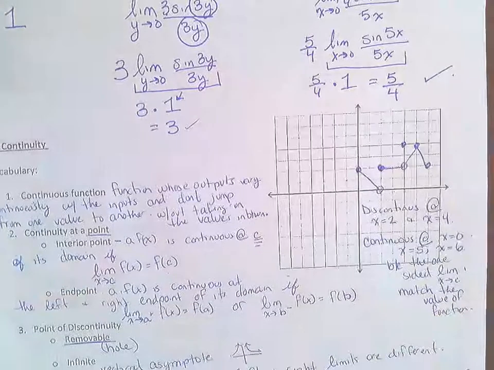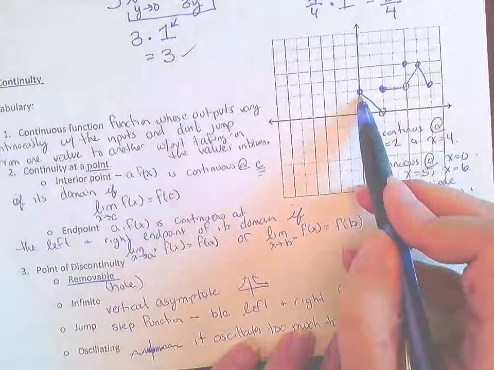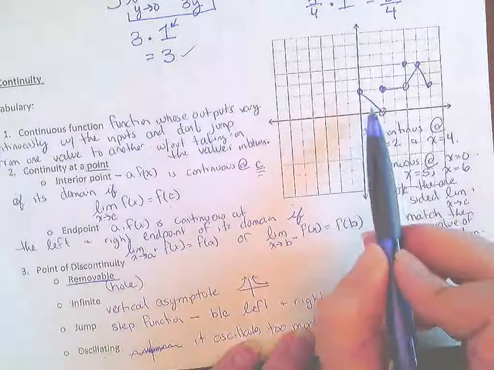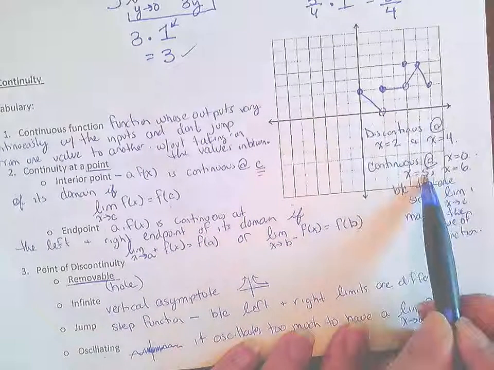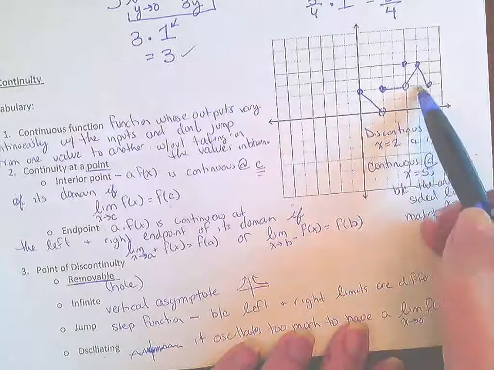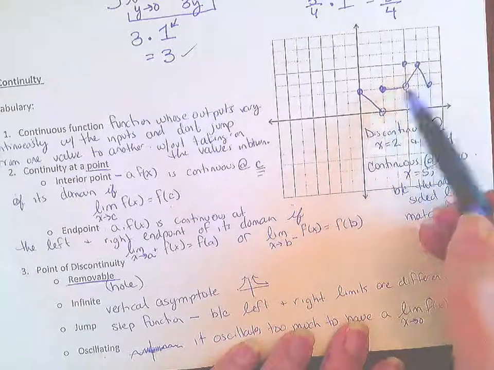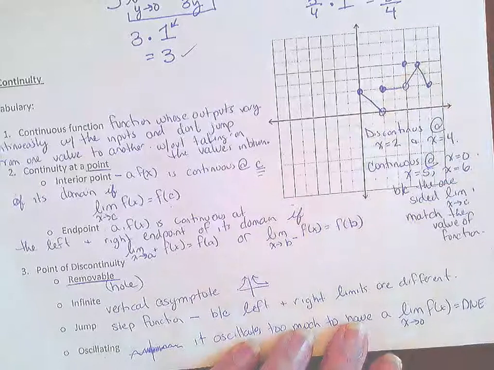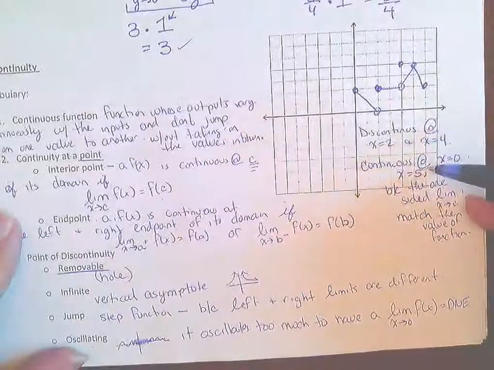So if I was to say, what is f of 0, you can tell me that it's 2. And that matches the limit as x approaches 0. It is 2. F of 5 is 4, and that matches the limit as it approaches 5. We're approaching 4. So we'll do more of those examples in class, of course, but this is an example of discontinuous points versus continuous points.